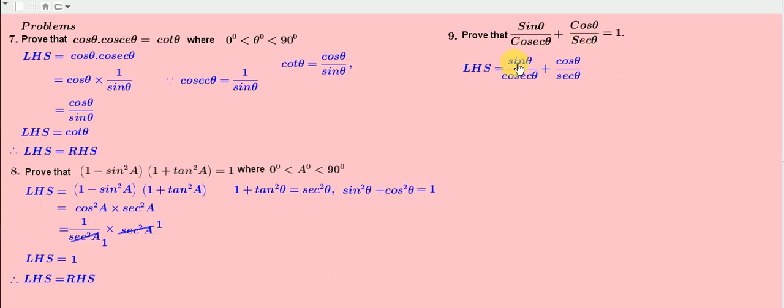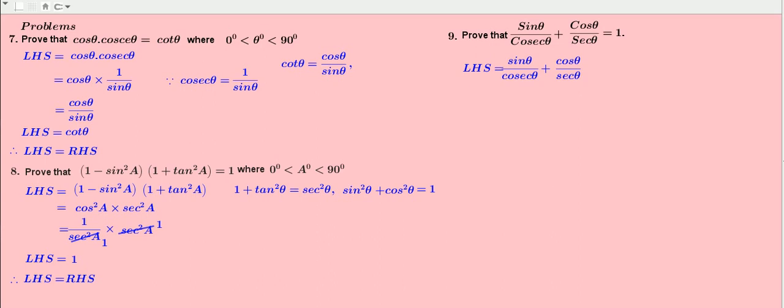This expression encourages you to take LCM for denominator. But we know that 1 by cosecant theta is equal to sin theta and 1 by secant theta is equal to cos theta.